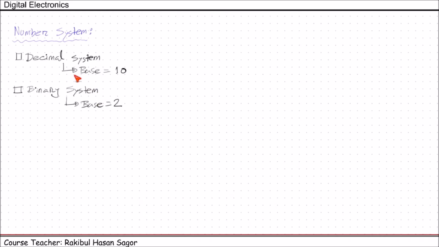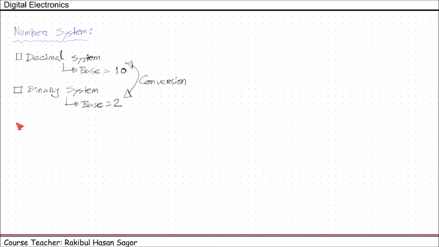The user will give the decimal input, that will be converted to binary, and all the internal calculations will be done in binary inside the computer, and then again it will be converted to the decimal system to represent the output to the people, so that normal people understand the results. So we need to know the conversion between them.